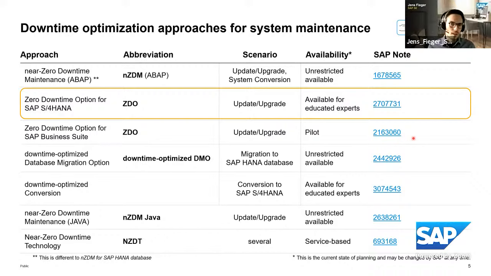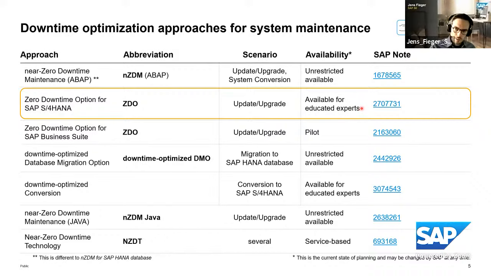Last year with SAP TechEd 2021, we also announced the general availability for ZDO for S/4HANA, and that's what will be covered in the next couple of slides. So how can you get ZDO for SAP S/4HANA? What does it mean? It's available to an educated expert.